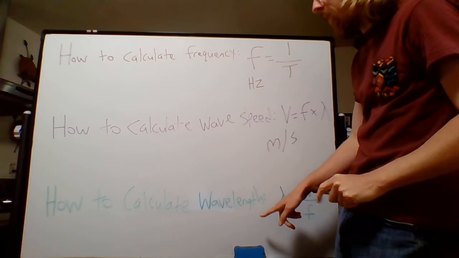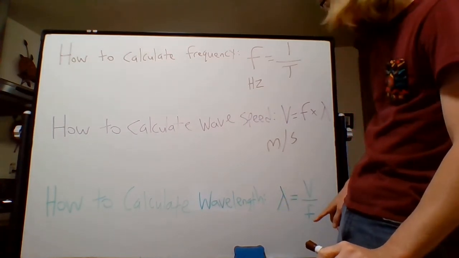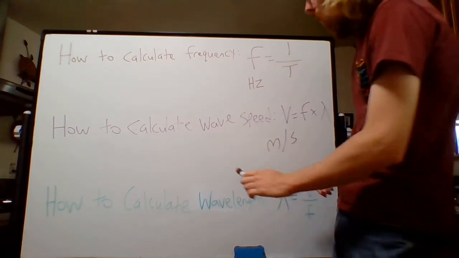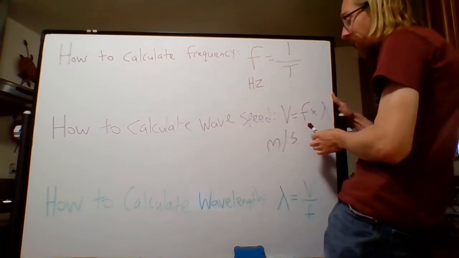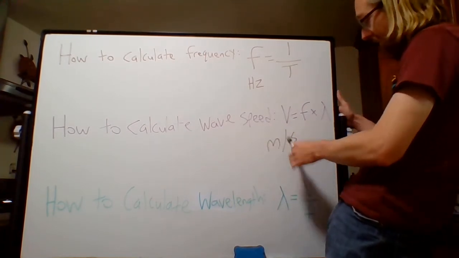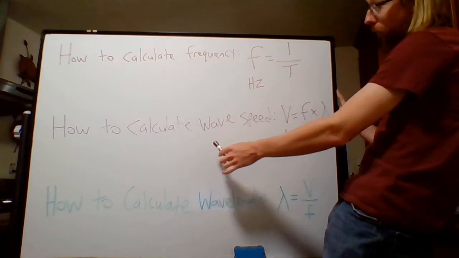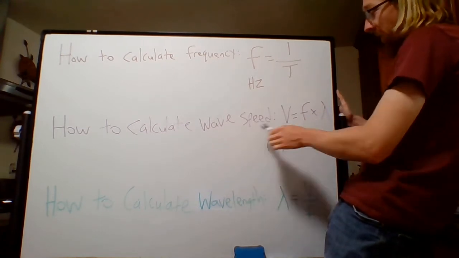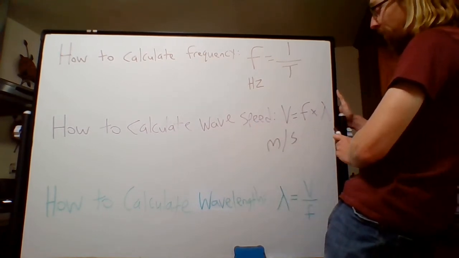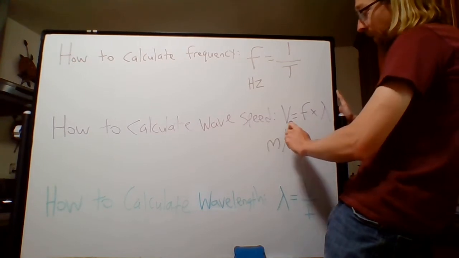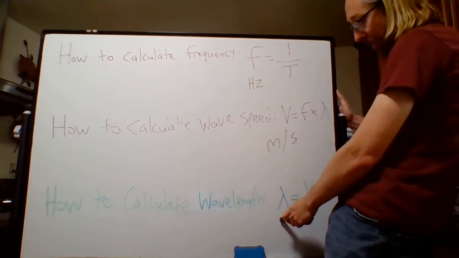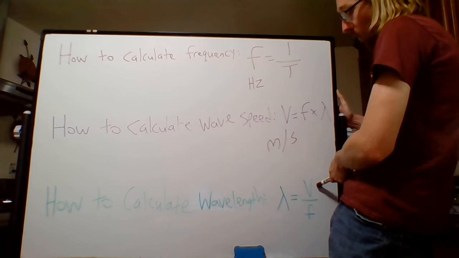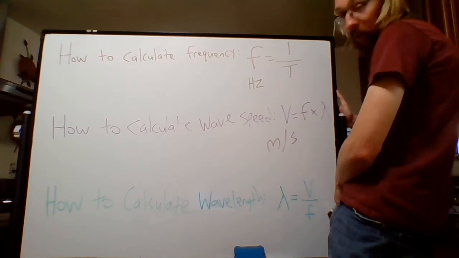Now you may also be asked to calculate the wavelength. All you really need to know is the formula for wave speed, and you'll know the formula for wavelength. This formula is derived from the formula for wave speed. I've taken the formula for wave speed and divided both sides by frequency, and then I get lambda equals wave speed or velocity over frequency.